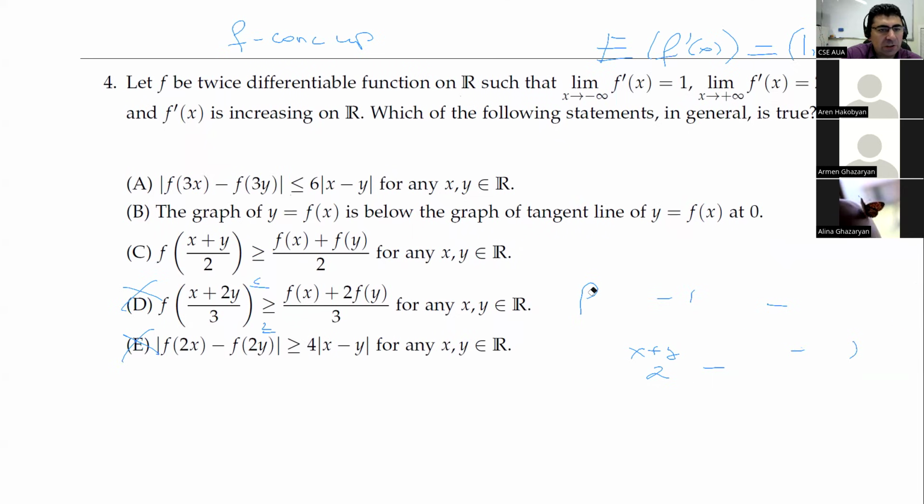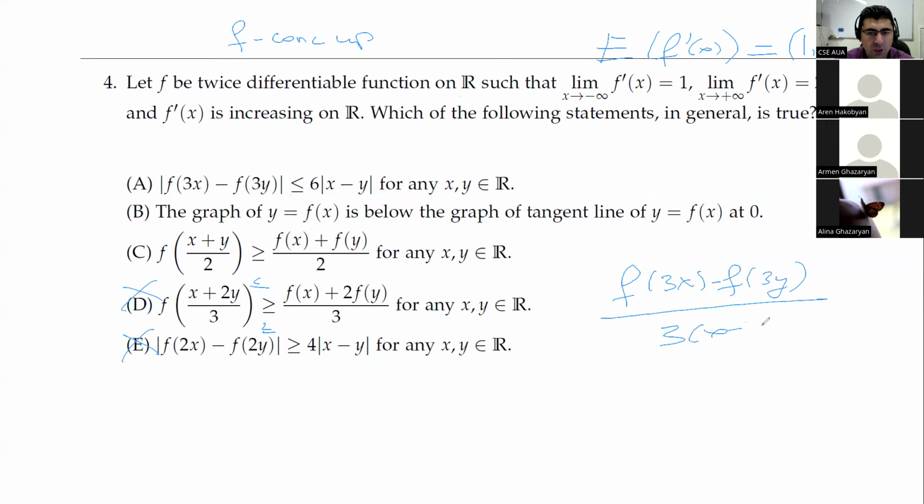The mean value theorem says that f of 3x minus f of 3y, divided by 3x minus 3y, is the derivative at some point c, where c belongs to the interval between 3x and 3y. And in absolute value, it equals the absolute value of f prime.